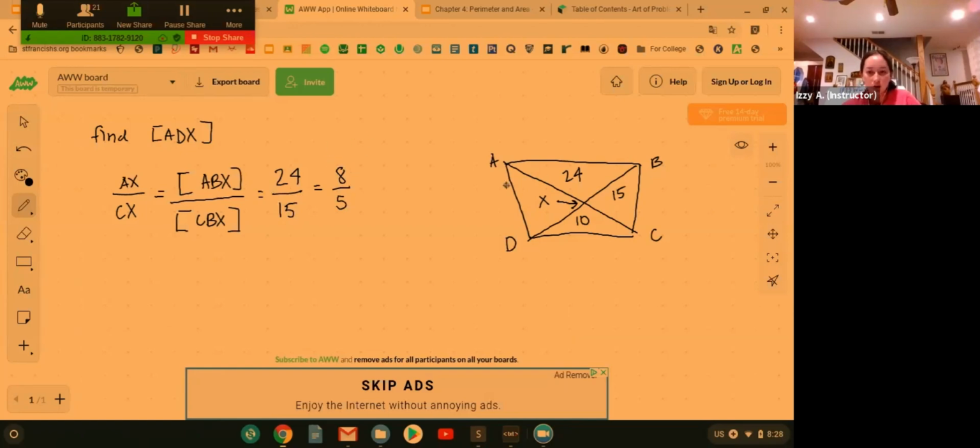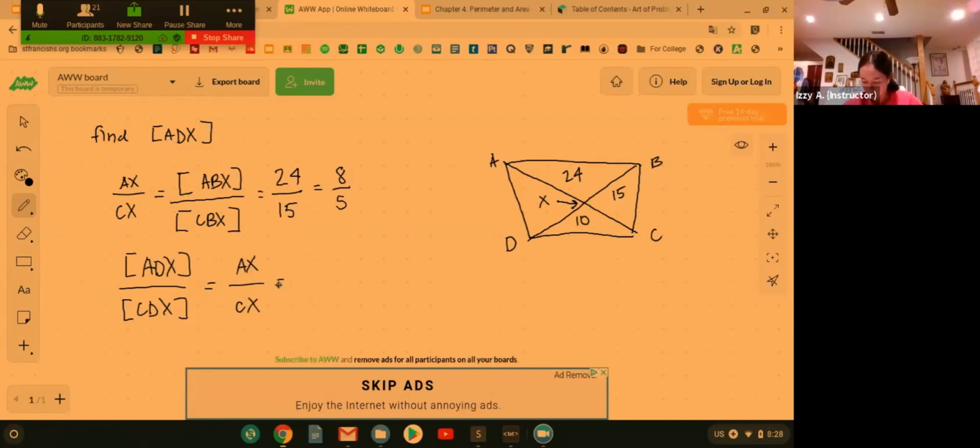And if we turn to triangle ADX and triangle CDX, we can set up a similar ratio. So we're going to get the area of ADX, and then the area of CDX, which is going to be equal to AX over CX.